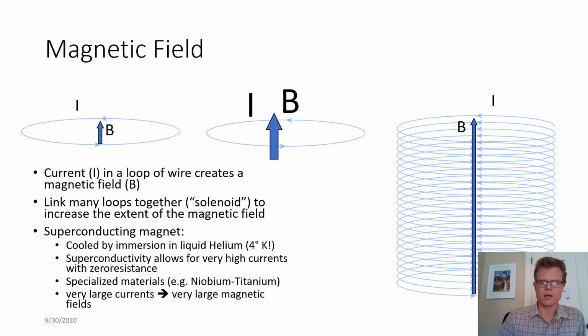Then the other thing we want to be able to do is, well, how do we create larger magnetic fields? So in the last lecture, I mentioned that the larger the magnetic field, the higher the signal that we're going to get.